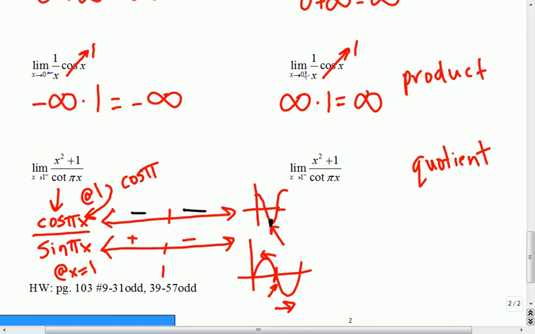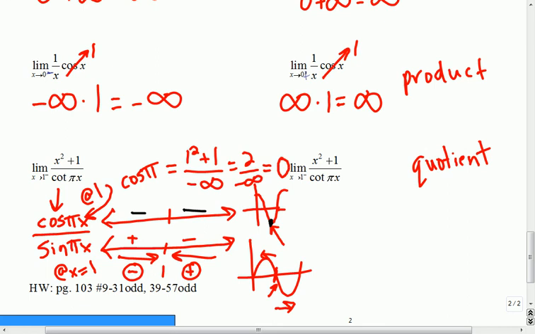So now I can see the combination. As I approach from the left side, it's going to be a negative. As I approach from the right side, it's going to be a positive. So this limit will be 1 squared plus 1 divided by, on the left side we said it was going to be negative, so negative infinity. 2 over negative infinity, that's going to be 0.